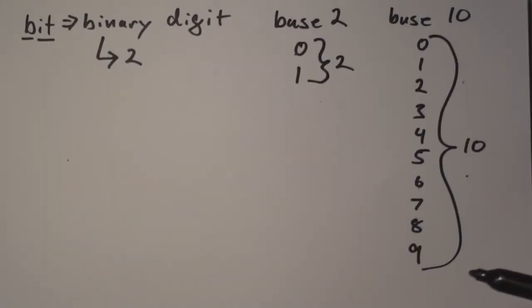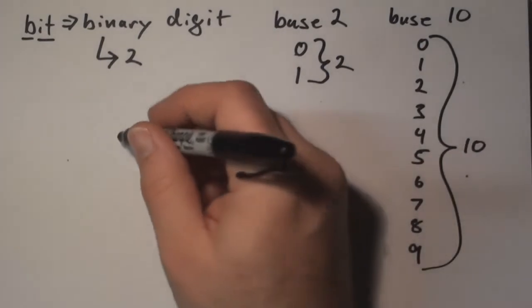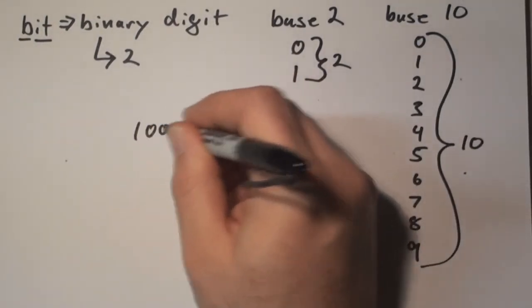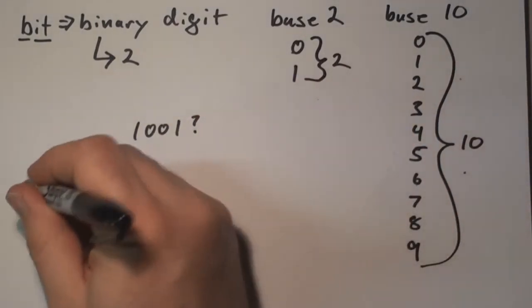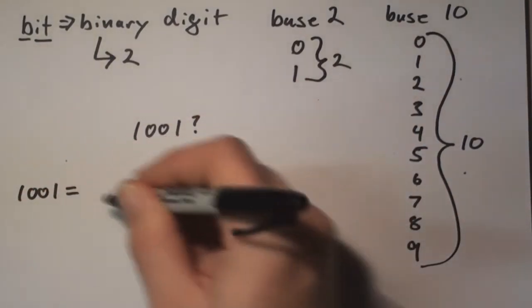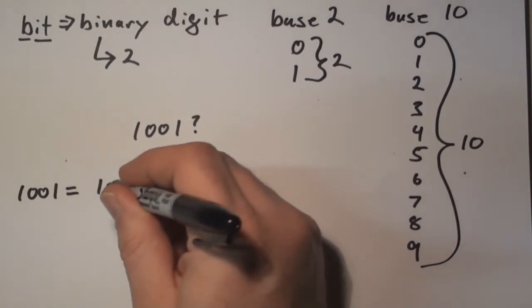So here's another example. 1001 in decimal is 1 times 2 to the power of 3.